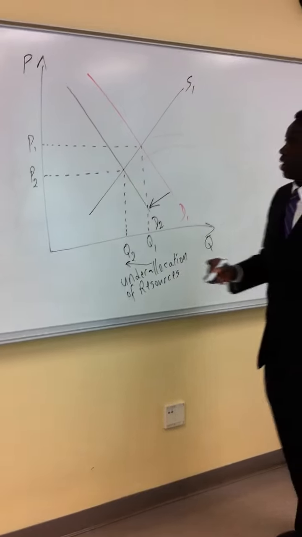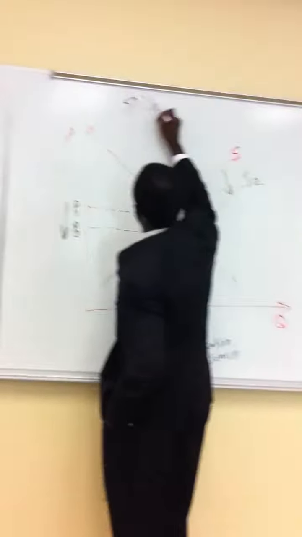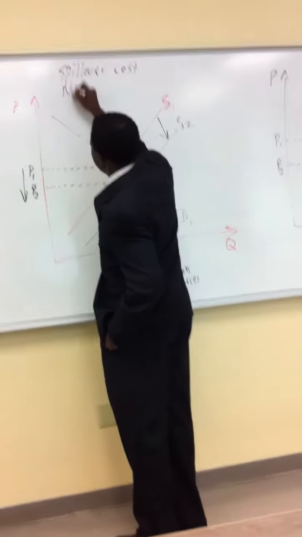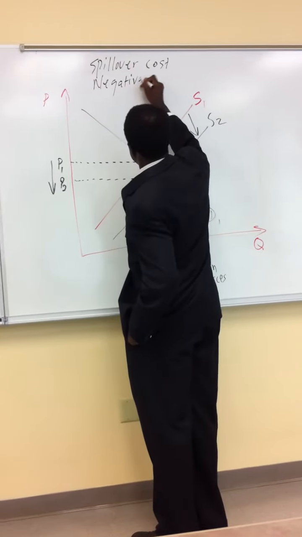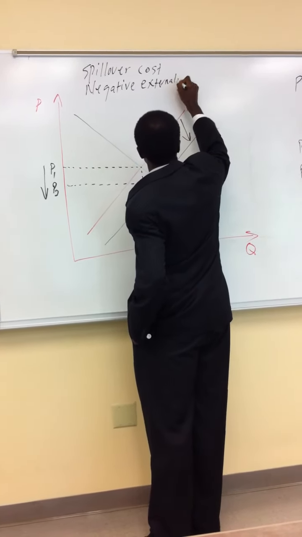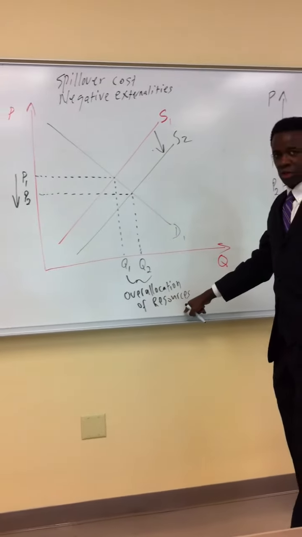Okay, so now spillover cost, also known as negative externalities, is characterized by over-allocation of resources.